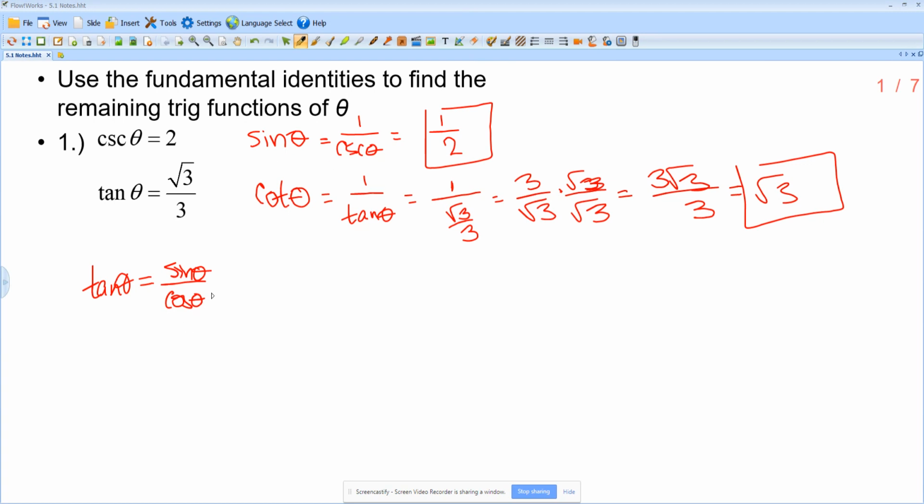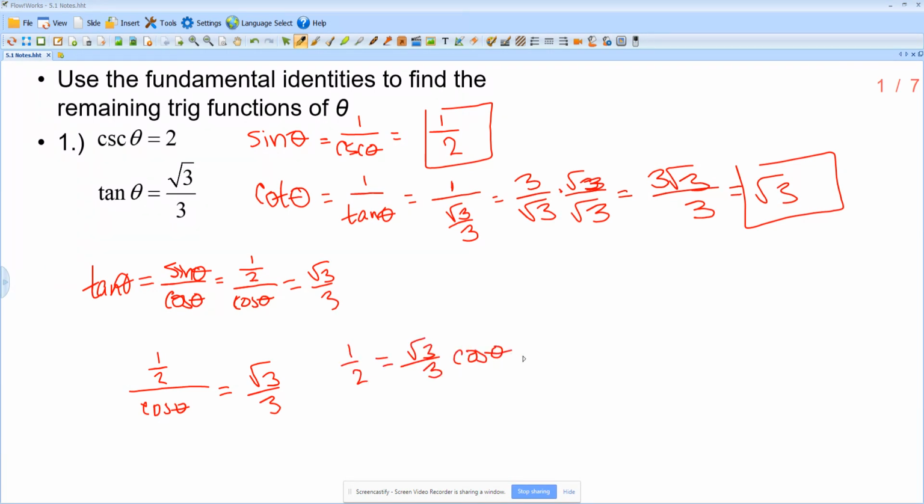Now I know that sine of theta is equal to 1/2. So this is 1/2 over cosine theta equals, and I know that tangent is root 3 over 3. So you're sort of solving this equation. 1/2 over cosine theta equals root 3 over 3. You can multiply by cosine on both sides. So you get 1/2 equals root 3 over 3 cosine theta.